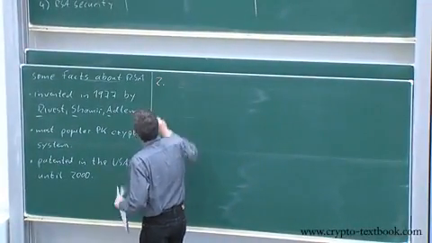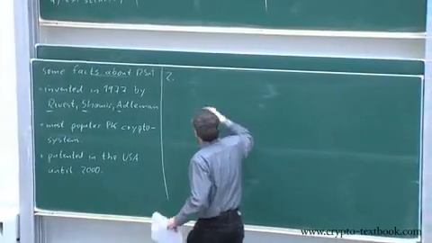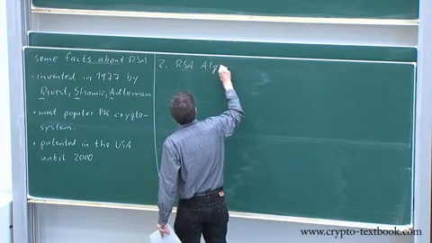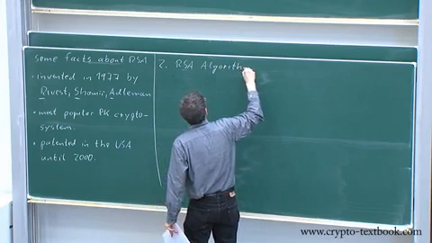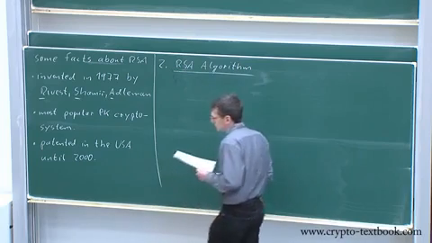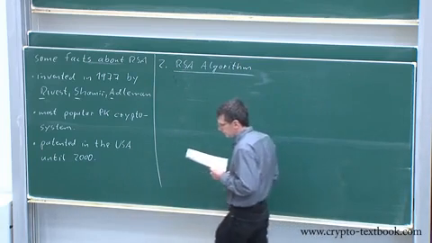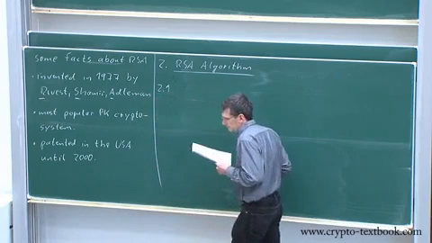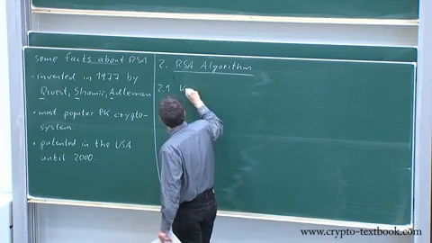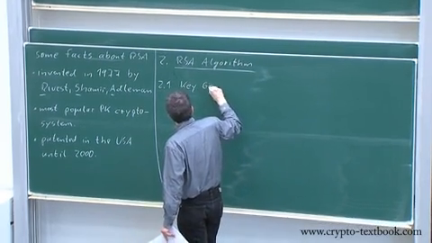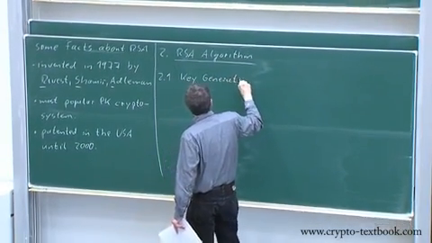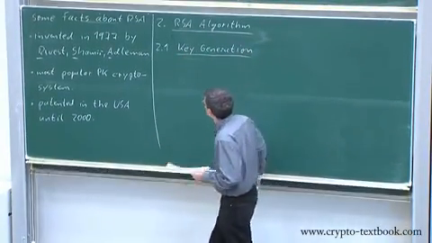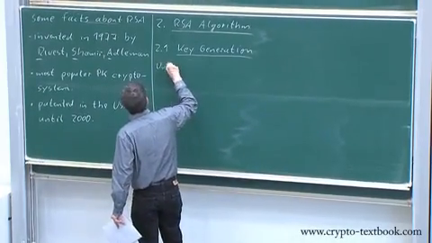So we start the second chapter, which I call the RSA algorithm. We have two subchapters, two sections. One is called 2.1, where we talk about key generation. And I just want to write a sentence down.